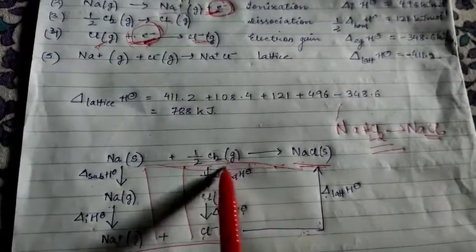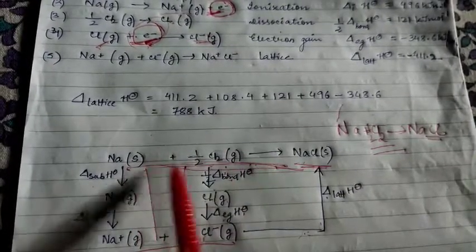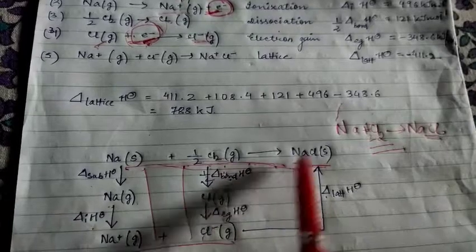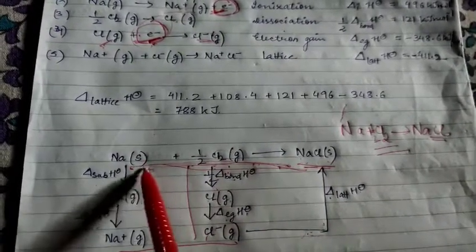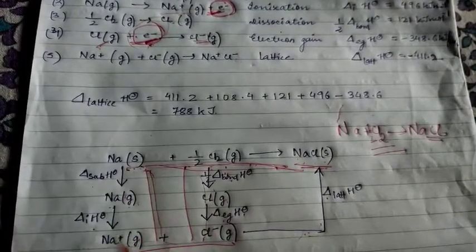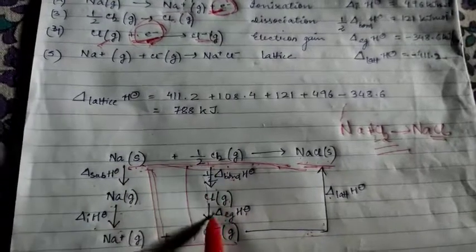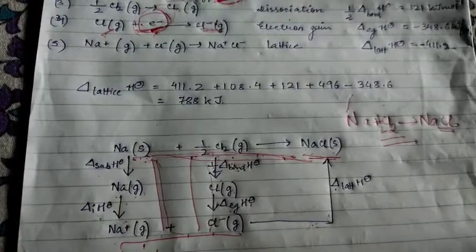This is a multi-step reaction. This is the direct reaction, Na plus half of Cl2, you will get NaCl. But in order that we can calculate the lattice enthalpy, we have to put it in steps. All these steps will then be added up using Hess's law. So this is the Born-Haber cycle.